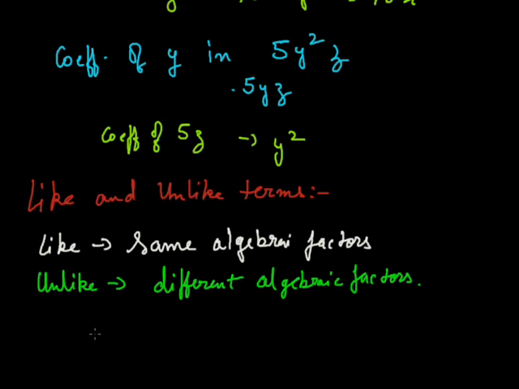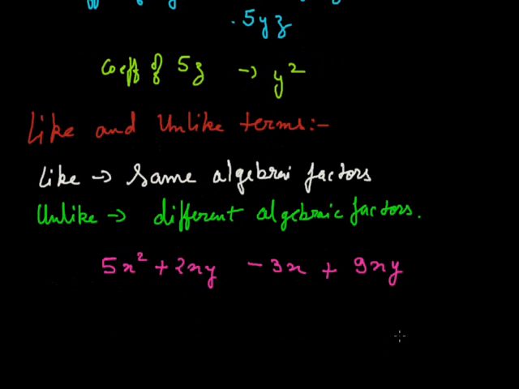For example, I am having an algebraic expression 5x square plus 2xy minus 3x plus 9xy. Then, if I find the factors of 5x square, it is 5 into x into x.